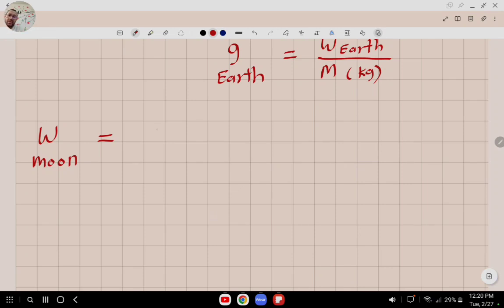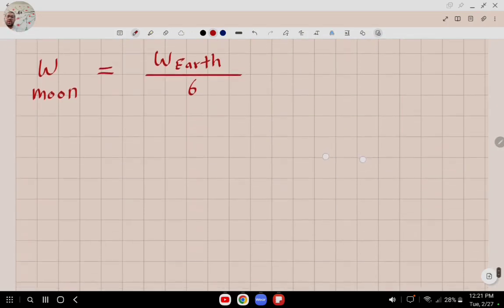So we can calculate the weight on the moon by finding the weight on earth and dividing it by 6, because the weight on the earth is bigger than the weight on the moon by 6 times.